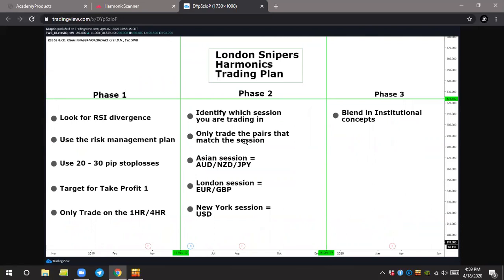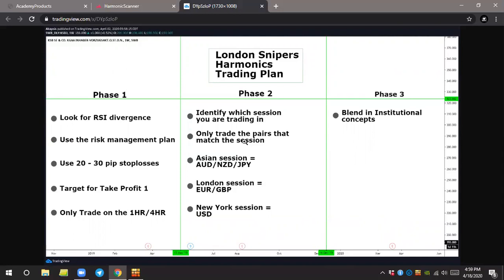If you understand your time zone, if you understand how your time zone reacts around these sessions, you'll understand what is your preferred session. For example, some people who are on the west side of the world, in California or somewhere else, it might be easier for them to trade Asian session, because for example, in New York, by the time it's 7 o'clock for us, it's about like 4 o'clock for them in California.